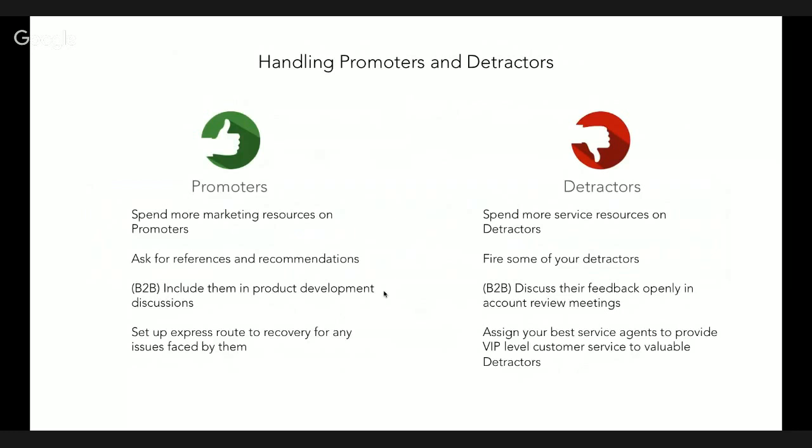One of the things that is really important to do when you're dealing with promoters is to set up an express route to recovery for any issues faced by them. Imagine a promoter having to face an issue.